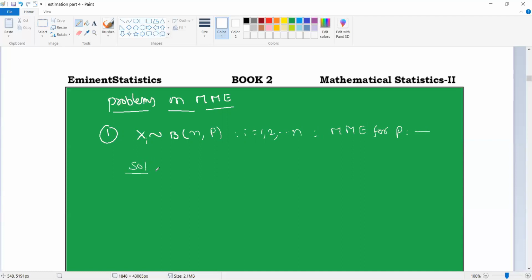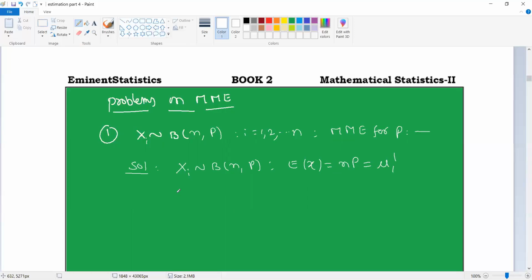Solution. Xi follows binomial (n, p). Here E of X is equal to np, the first population moment. What is the procedure here?